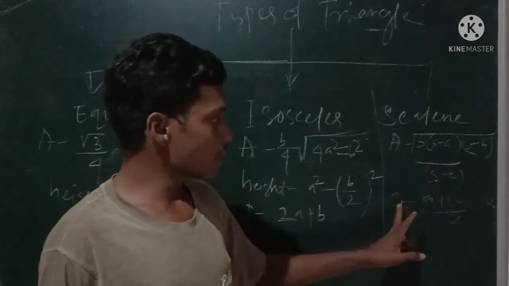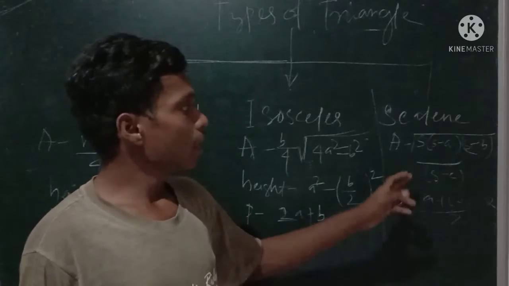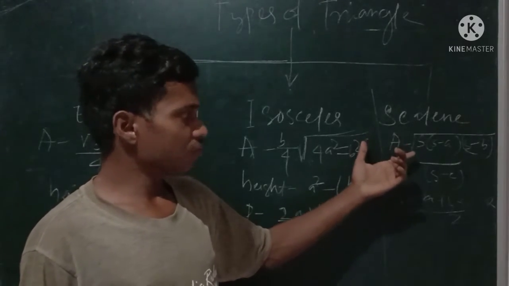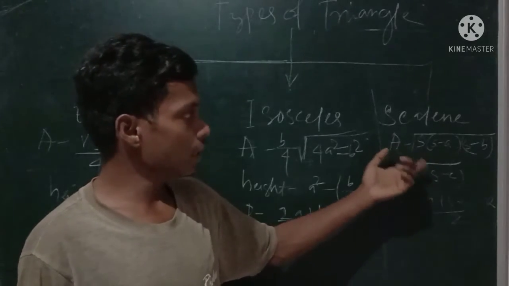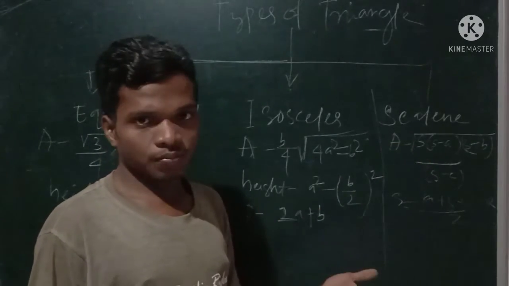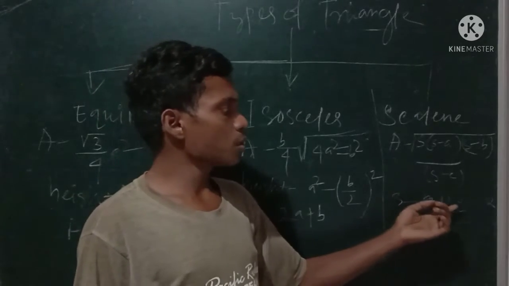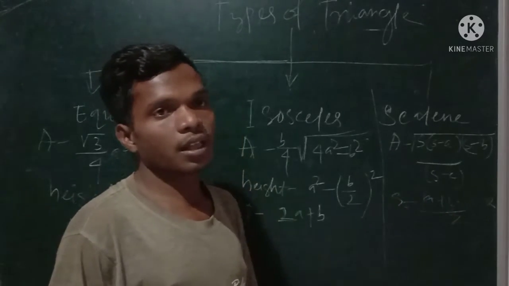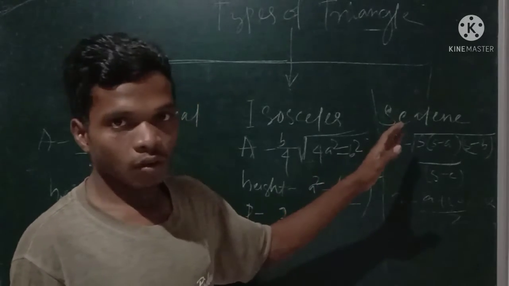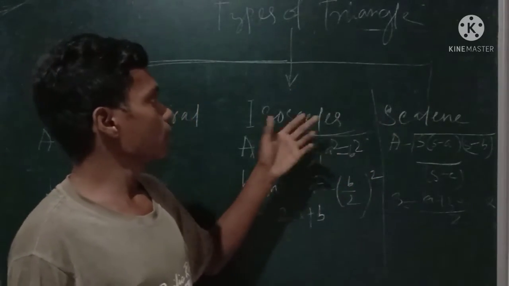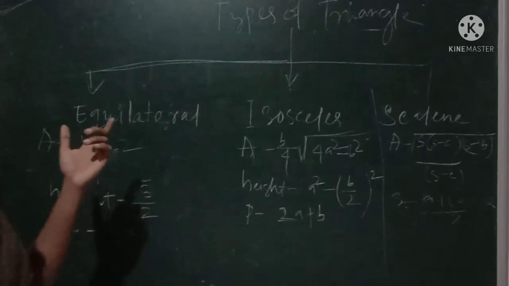For the scalene triangle, the perimeter is also a plus b plus c.